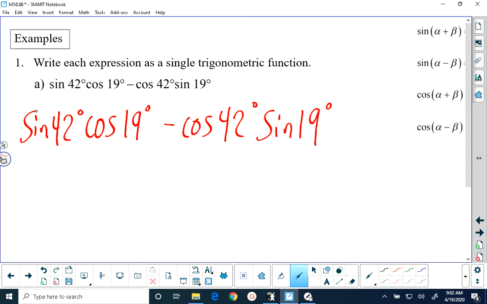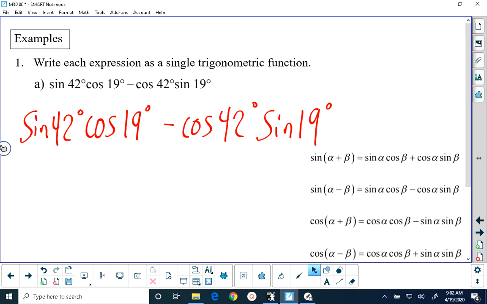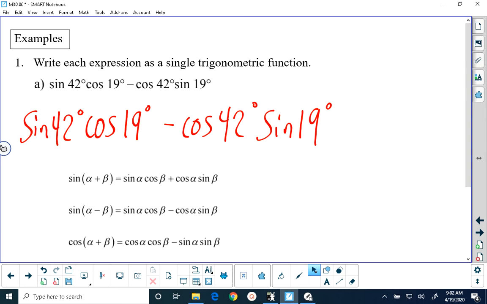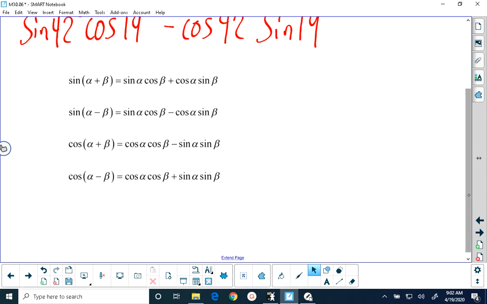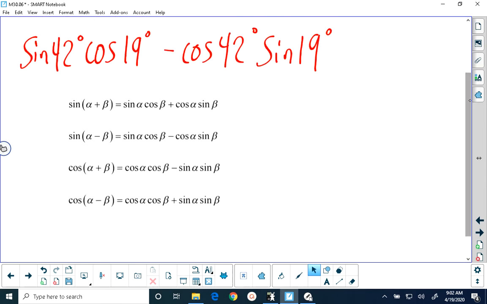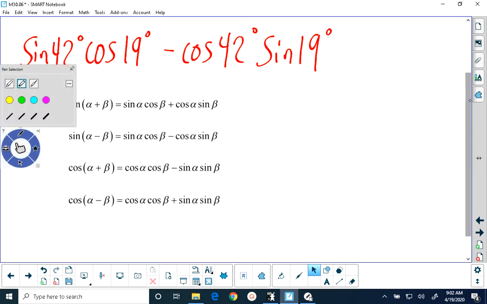The whole idea here is you want to be able to take that question and compare it to your 4 identities. When we take a look at the 4 identities, there is one of them that has this pattern of having a sine of an angle multiplied by the cosine of an angle minus the cosine of the first angle multiplied by the sine of the second angle.